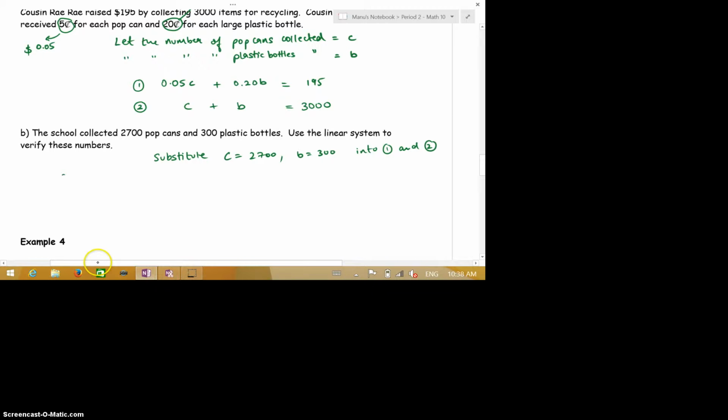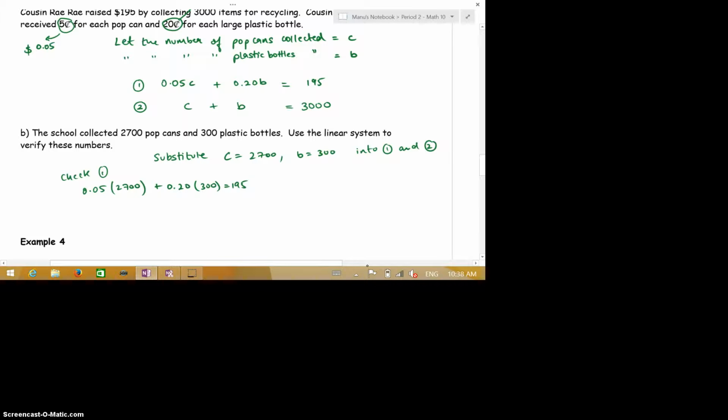So equation number 1, let's check that first. Check 1: 0.05 times 2,700 plus 0.20 times 300 has to equal 195.